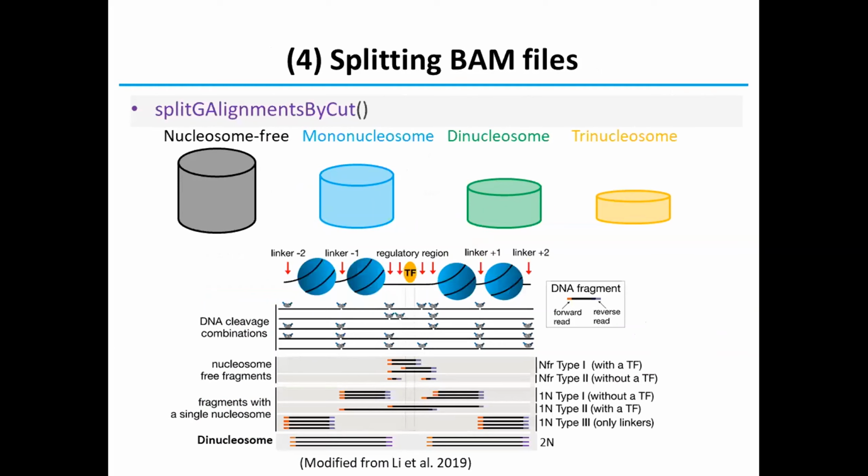Next, we need to split the BAM file based on the fragment size into different bins: the nucleosome-free bin, mononucleosome, dinucleosome, and trinucleosome bins. The reads in different bins can be used to visualize the signal later.